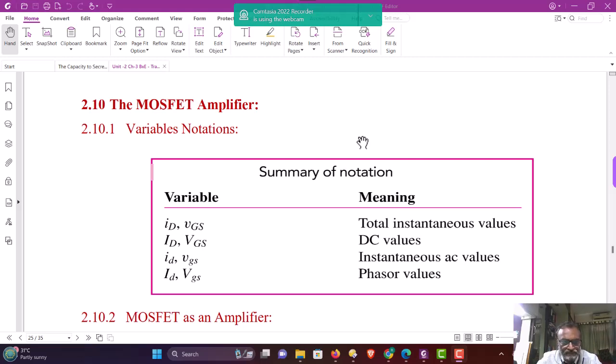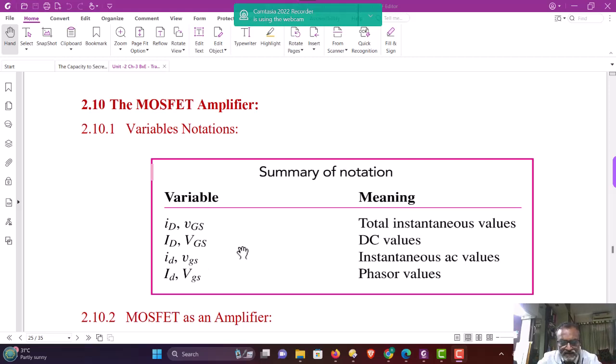If you see in the table, the small case letter with the capital suffix indicates the instantaneous value, or time varying value with the DC quantities. Whereas the capital letter with capital suffix normally indicates the DC value or RMS values.